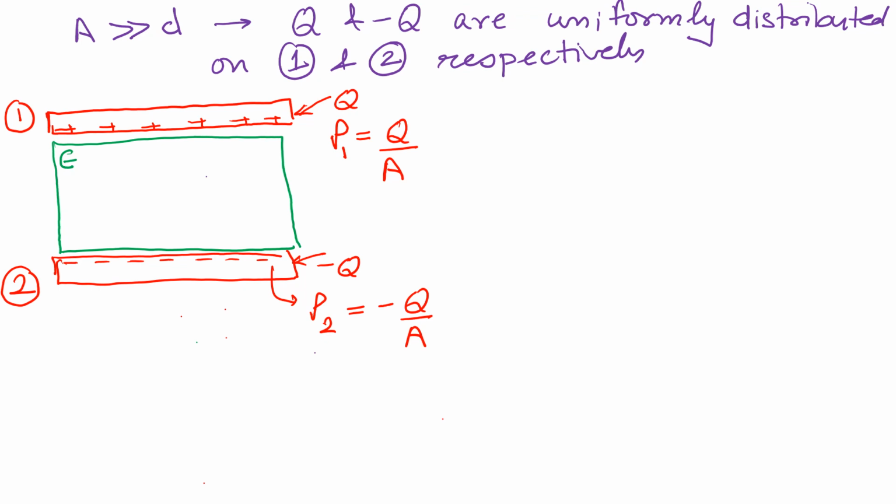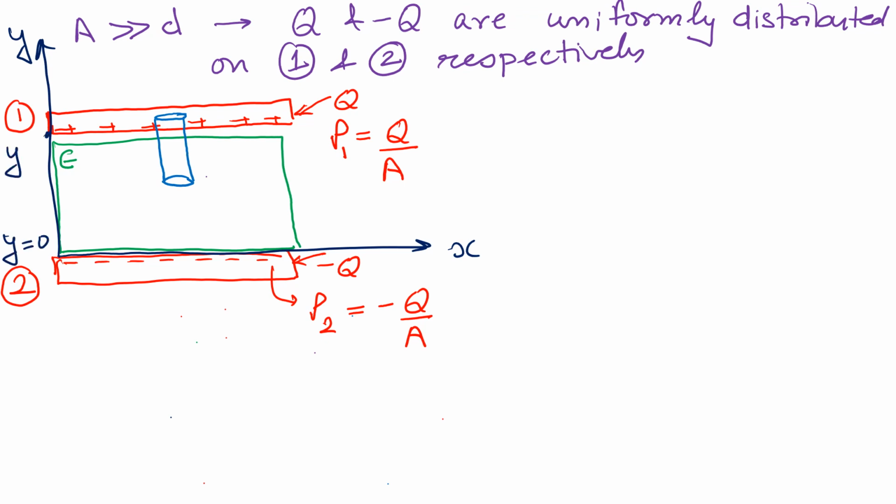Now, either you can use the conductor boundary condition we had learned before, or you can make a Gaussian surface to try to calculate the electric field. Since it is a nice linear system, we can use Cartesian coordinates. Let's say this is the x direction, this is y. Let's call this y equal to 0.